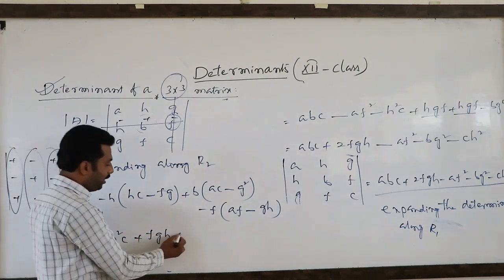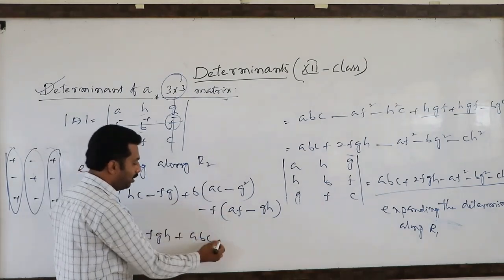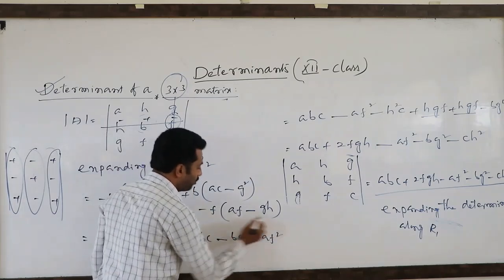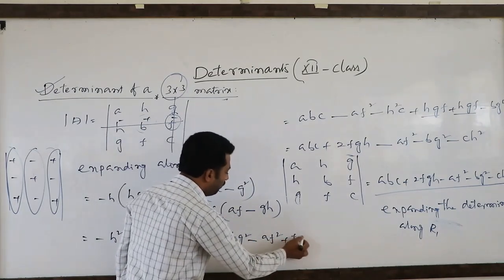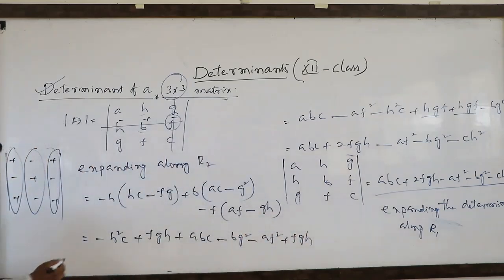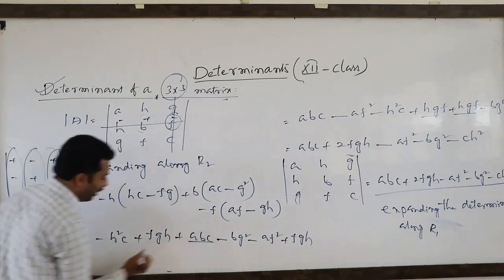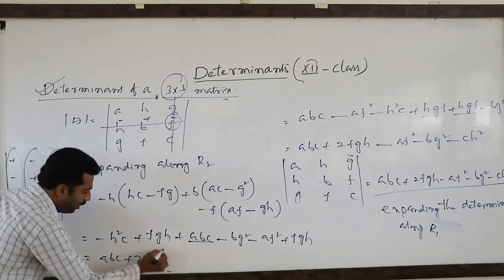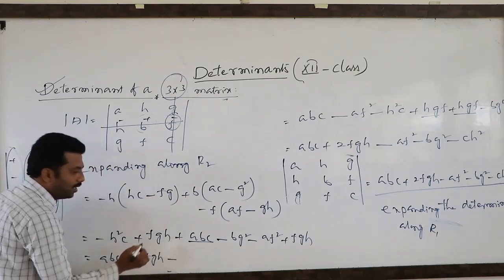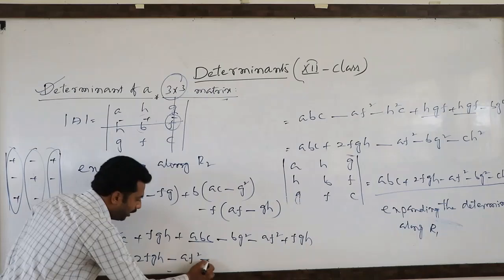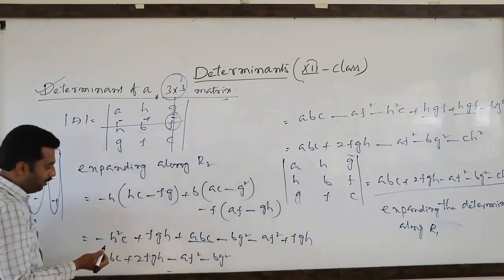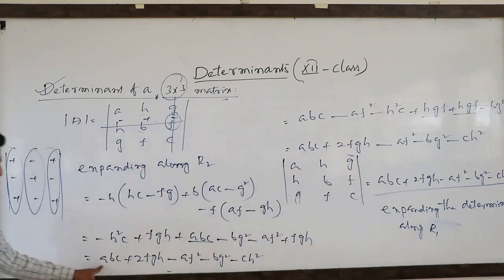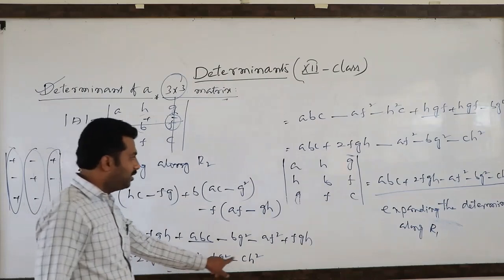Now if I simplify: minus H square C plus FGH, plus ABC minus BG square minus AF square plus FGH. Again, first ABC: ABC plus 2FGH minus AF square minus BG square minus CH square.